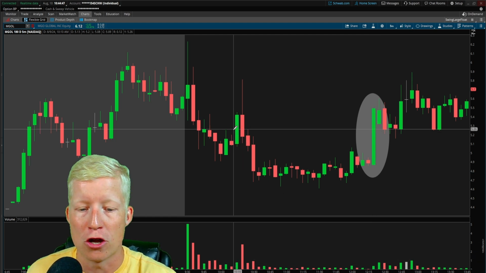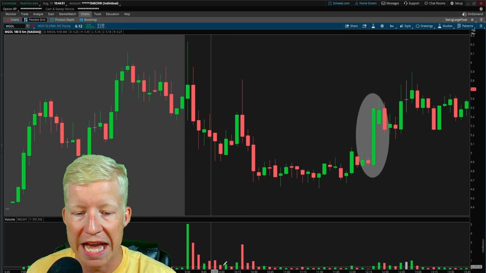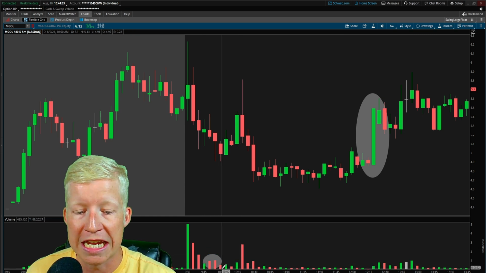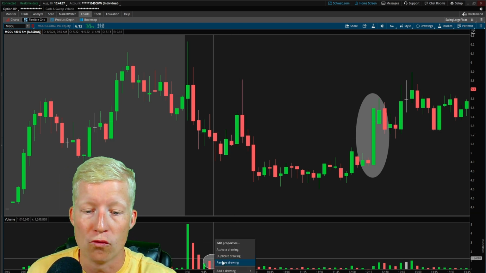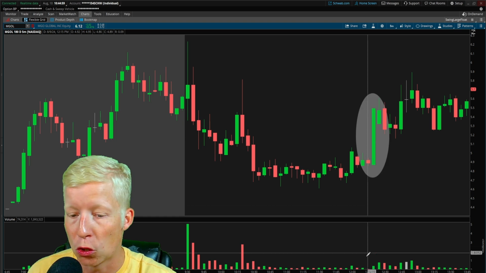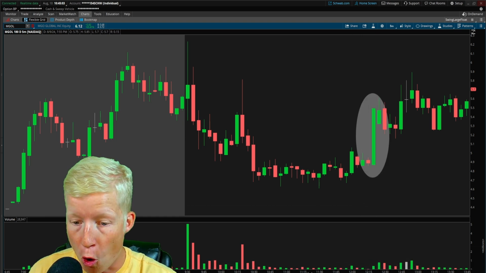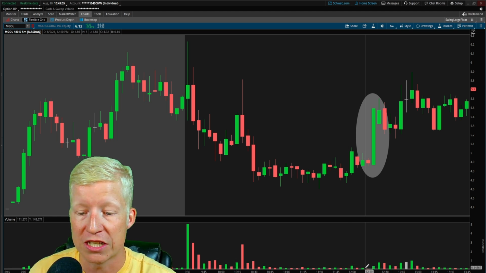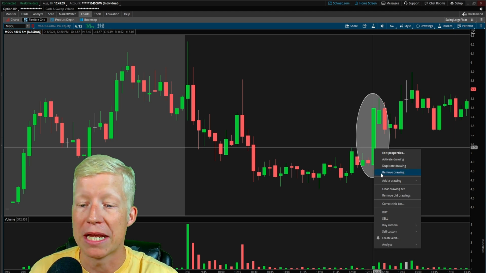Because like this candle here, for instance, this candle got a nice little pump up, but not on really any heavier volume than any of these previous candles. So it's not that valid of a move, right?